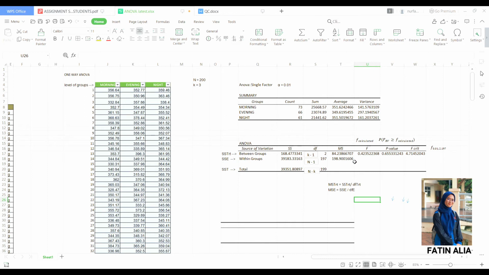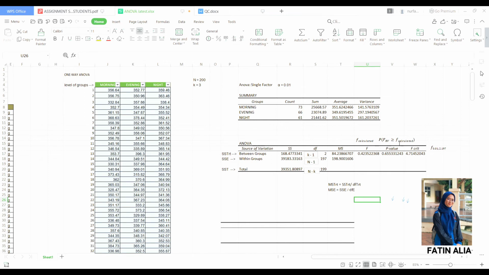MS is the mean square. For MSTRT, we get this value by dividing SSTRT by the degrees of freedom due to treatment, and for MSE, we get it by dividing the SSE by the degrees of freedom due to errors. And this is the F calculated. F calculated you get from dividing MSTRT by MSE.